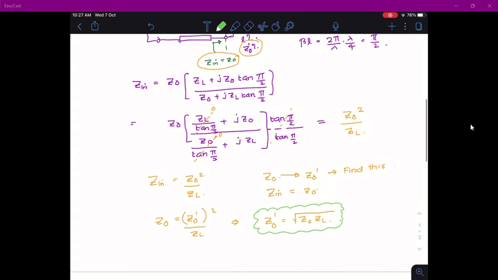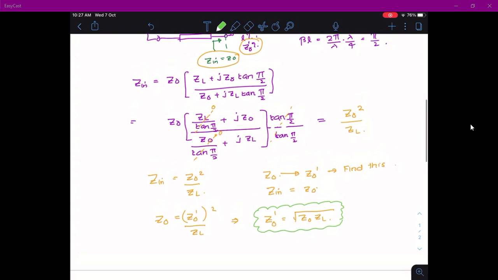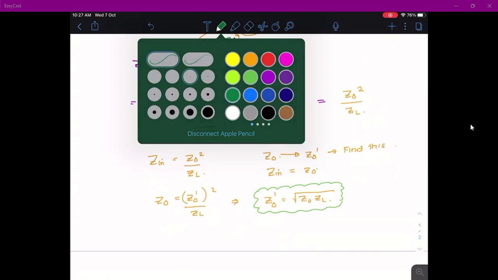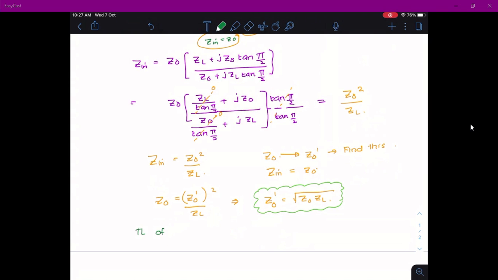So a quarter wave transformer will have a transmission line of length lambda by 4.